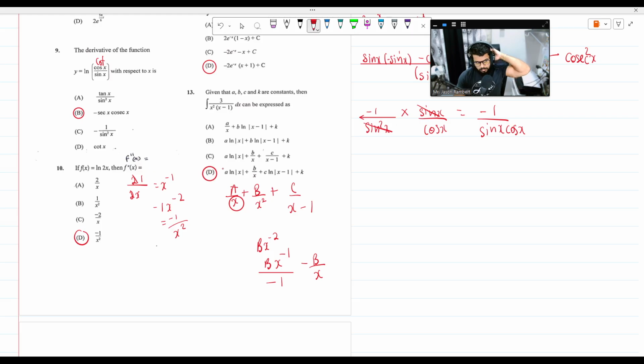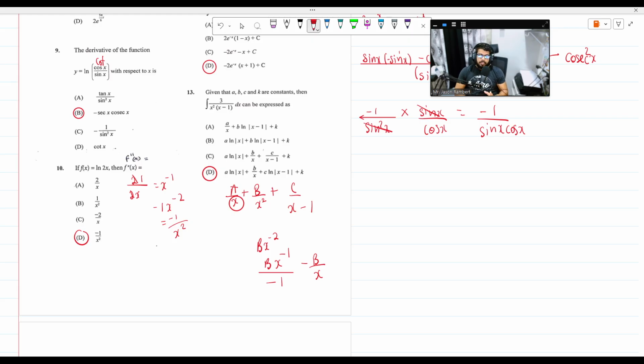But my concern is for this one here, right? Minus b over x. Okay, that's fine. All right. The reason why this is fine, minus b is a constant. All right. Plus b is also a constant.